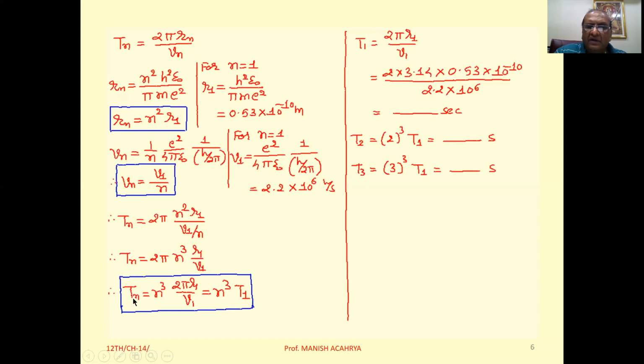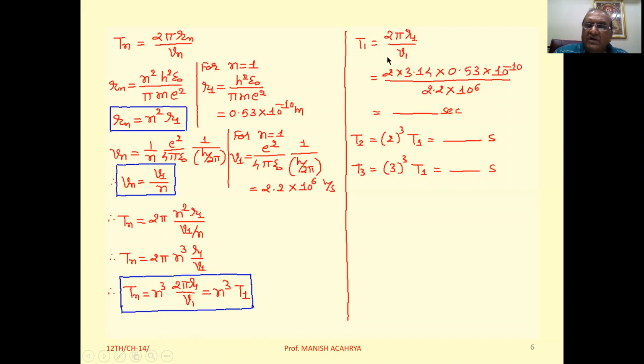So Tn is proportional to n cube. Now see here 2 pi Rn upon Vn, so here we will get 2 pi R1 upon V1. So this 2 pi R1 upon V1 is nothing but T1. So we can write Tn equal to n cube T1.